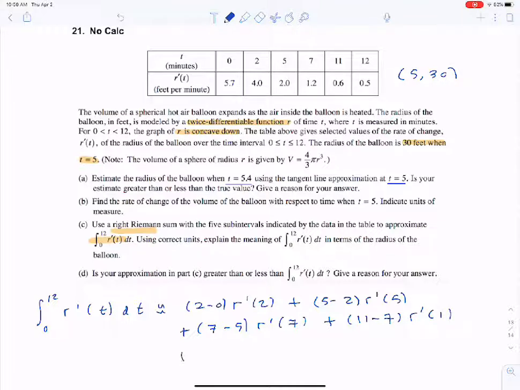And then finally, 12 minus 11, and it's going to be r prime of 12. Okay? Before I go and simplify this, concept-wise, are we okay? Any questions?